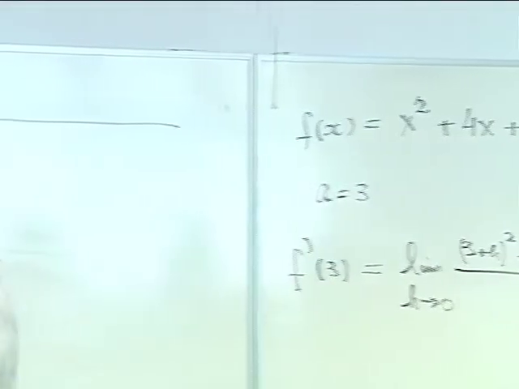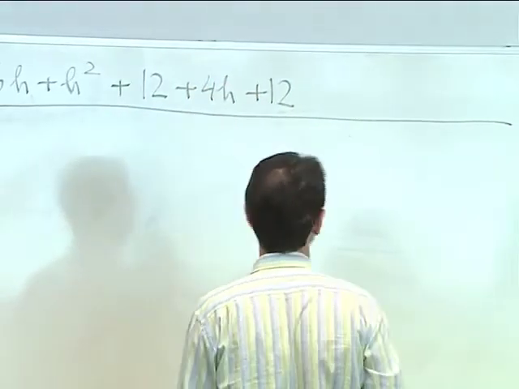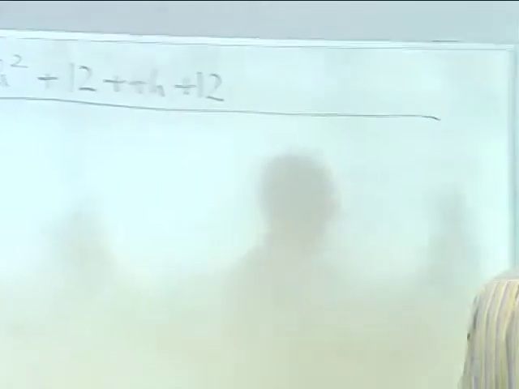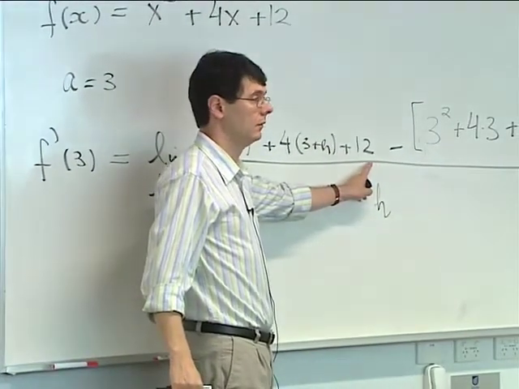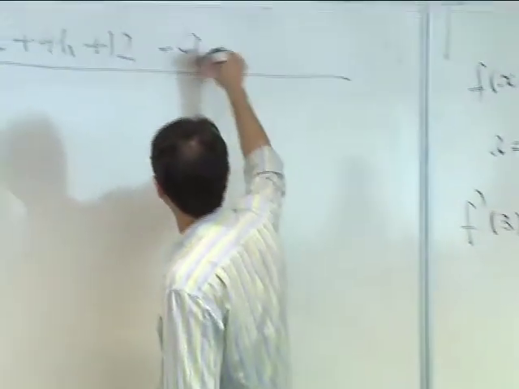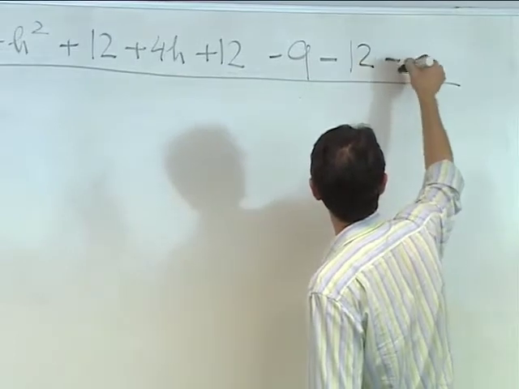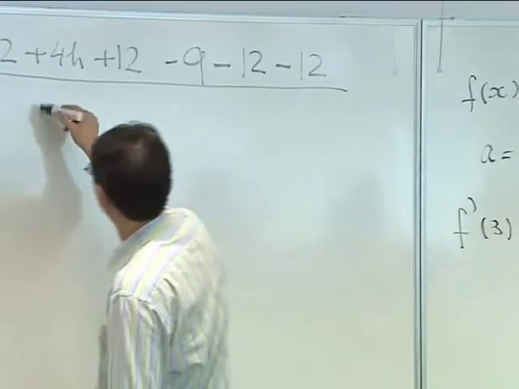Oops, sorry, it's not 3h, it's 4h. So it's expanding this bit. Take away 9, take away 12, take away 12, and divide by h.